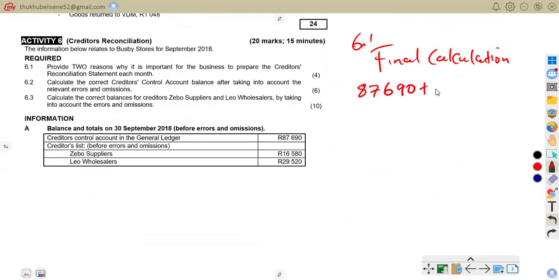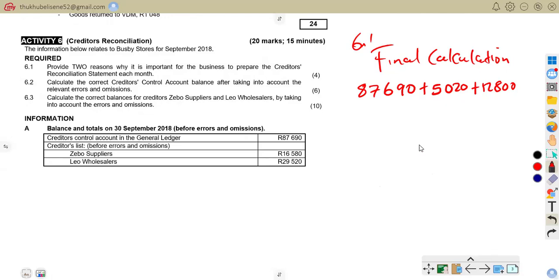Then we are going to add 5,020. If you can still remember the 5,020, that was the amount that was undercast. So the total was added too low, then we were to increase it, remember, by 5,020. So also we have to add 12,800.